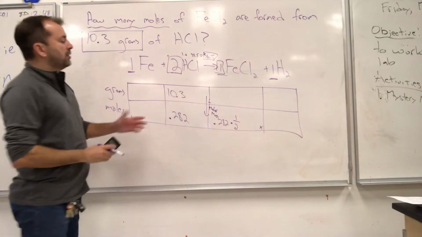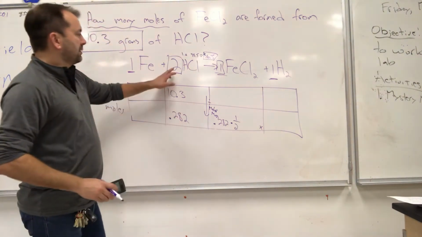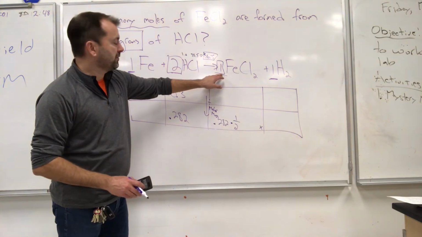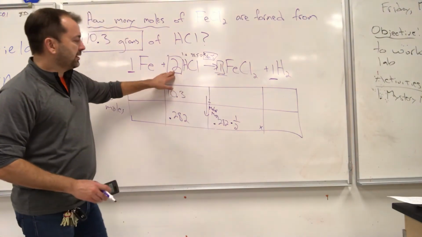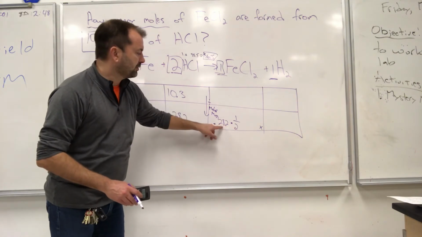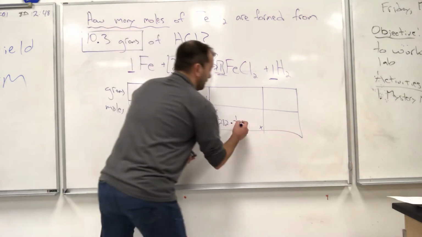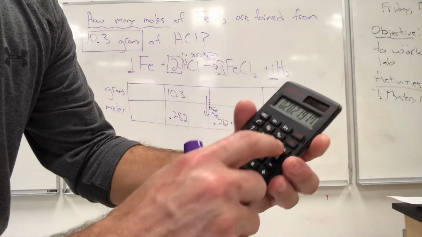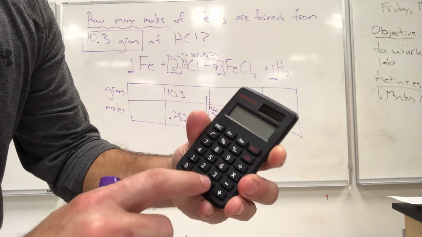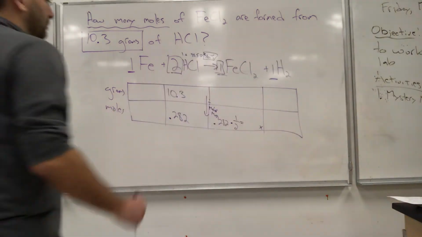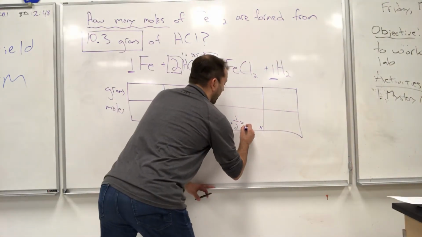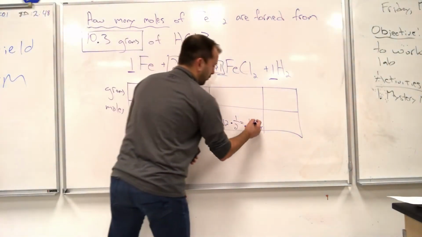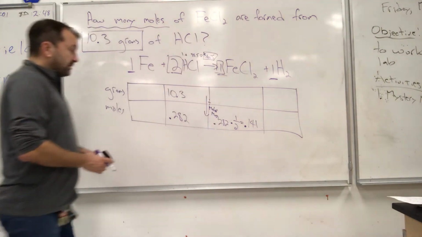Anytime you go from one box to another, you multiply by the mole ratio, which is the coefficient you're going to, divided by the coefficient you're coming from. So 0.282 times 1 over 2, which is really dividing by 2, equals 0.141. And that's my final answer.